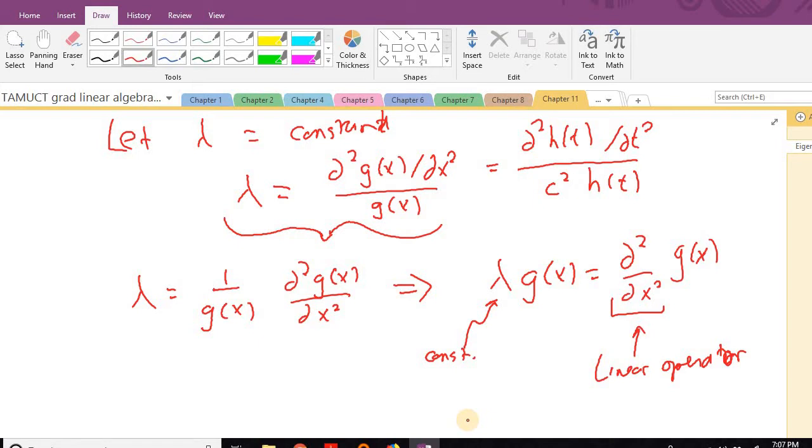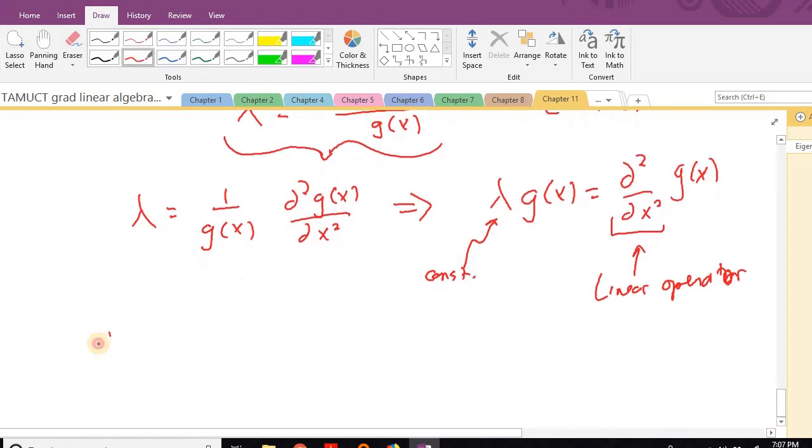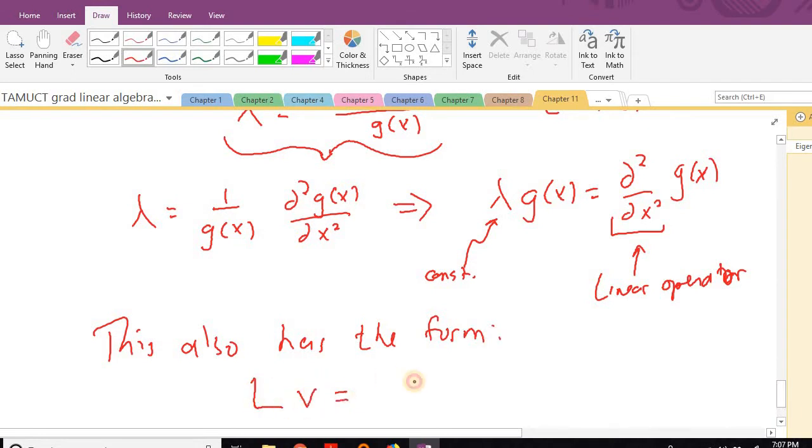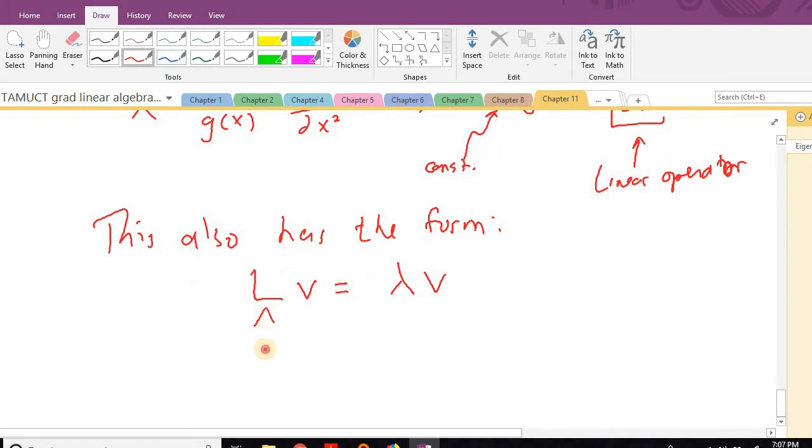So I can say this also has the form L times V is equal to some constant times V, where this is a linear operator. This is a vector. Functions can be vectors. This is a vector.